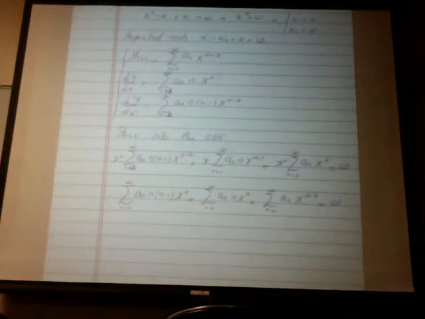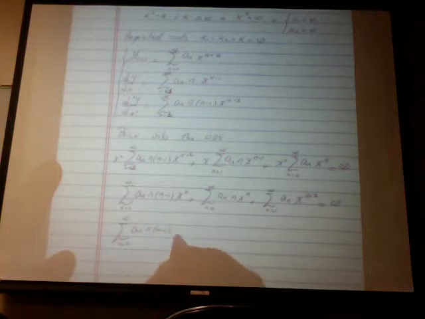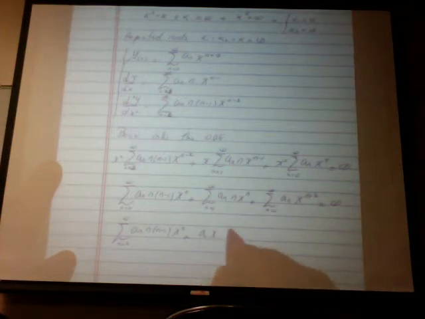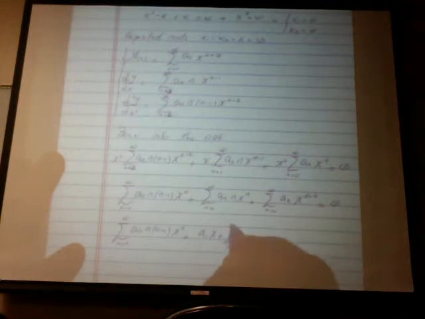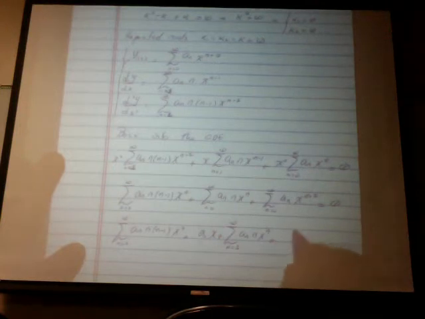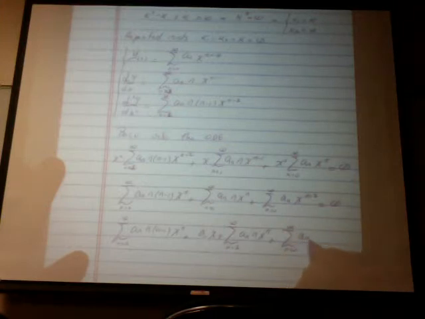Alright? So then I'm going to take the first term in this series right here: n equal 2 to infinity an n minus 1 x to the n, plus the first term in the series will be a1 times x plus the summation from n equal 2 to infinity of an n x to the n plus the summation from n equals 0 to infinity an x to the n plus 2 is equal to 0.